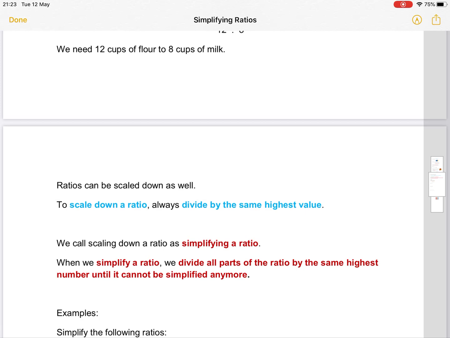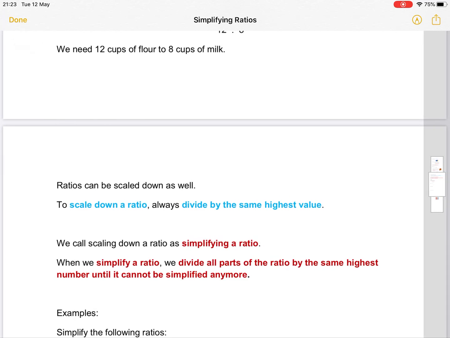We call scaling down a ratio simplifying a ratio. So when you are asked to simplify a ratio, that means we need to divide all parts of the ratio by the same highest number, by the same highest common factor, until it cannot be simplified anymore.